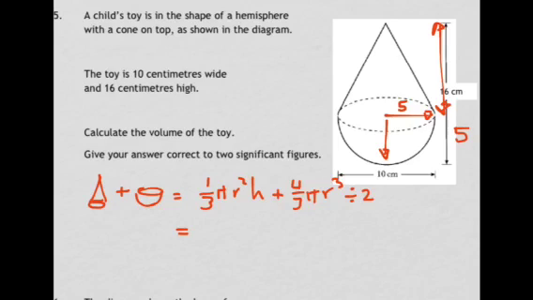So if that part there is 5 for the sphere, then that means the cone, this distance here, must be 11. So that tells us that we've got 5 for here, 11 for here, and do we know the radius for the hemisphere? Yep, we've already said it's 5. So we've now got enough information to do it. Just remember, you have to answer to 2 significant figures.